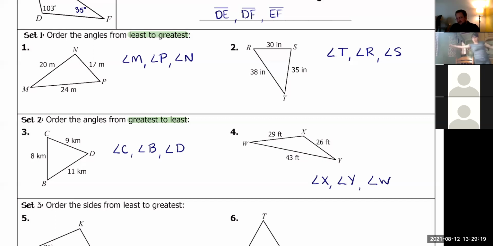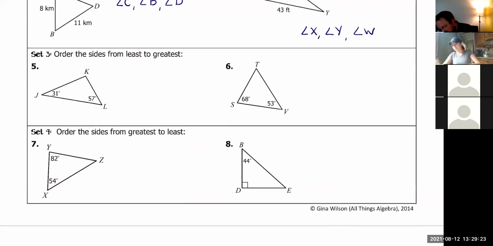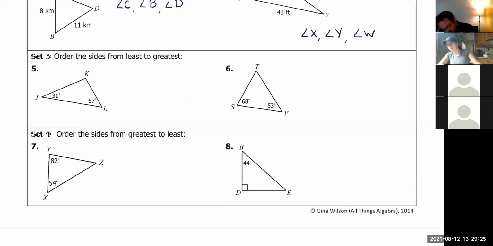The next section, Misty pointed out, is slide 2. It's doing the opposite. We're finding the sides here. Careful, it first wants it least to greatest and greatest to least. But notice they're a little bit sly here on this one because in each of these 4 scenarios, they didn't give us the third angle. Don't just assume what it is.